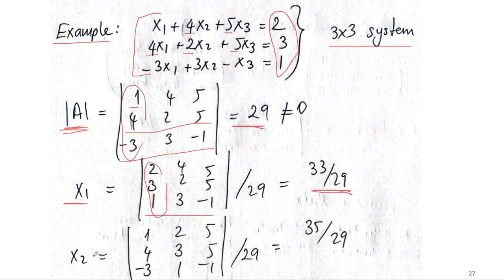Similarly, to solve for x2 using Cramer's method, we replace the second column with 2, 3, 1, rewrite this coefficient matrix, take the determinant, and divide by the determinant of A. That gives us the solution for x2.